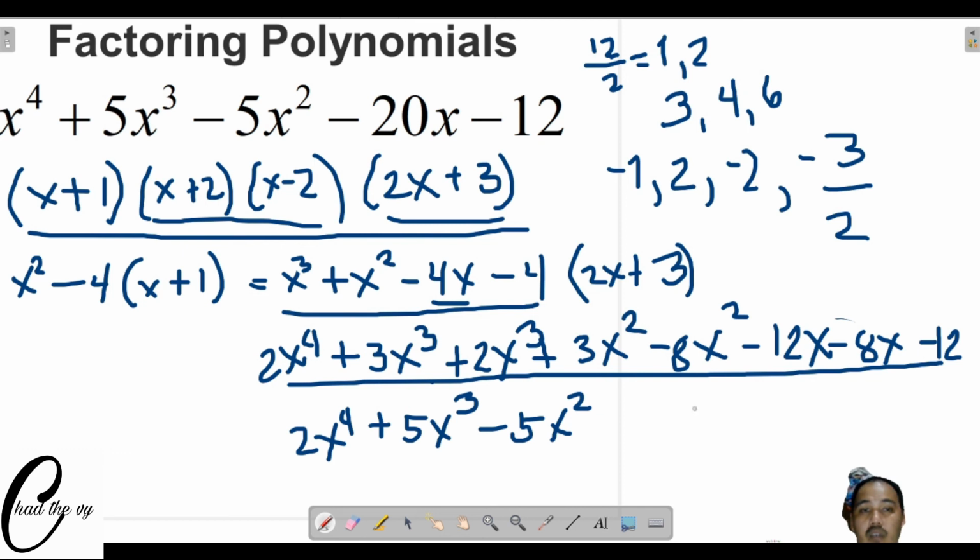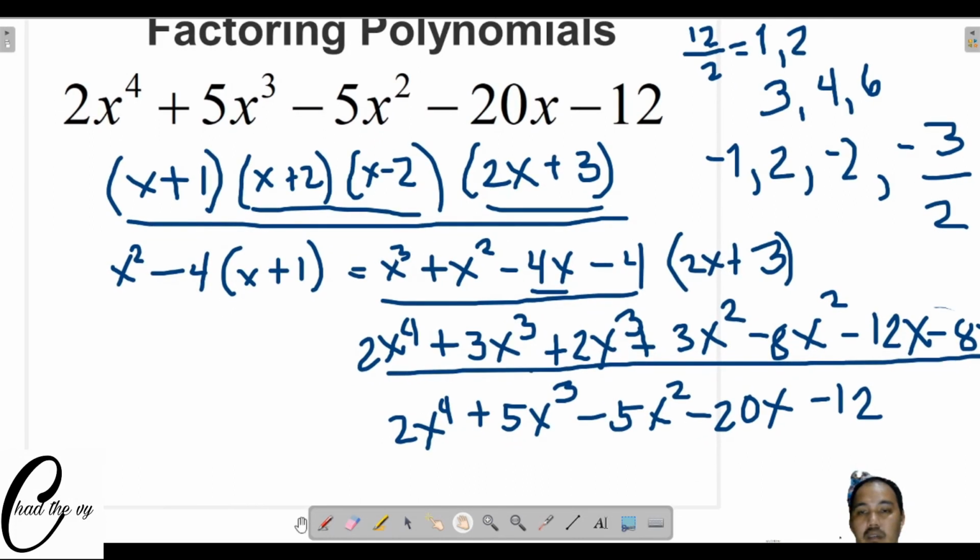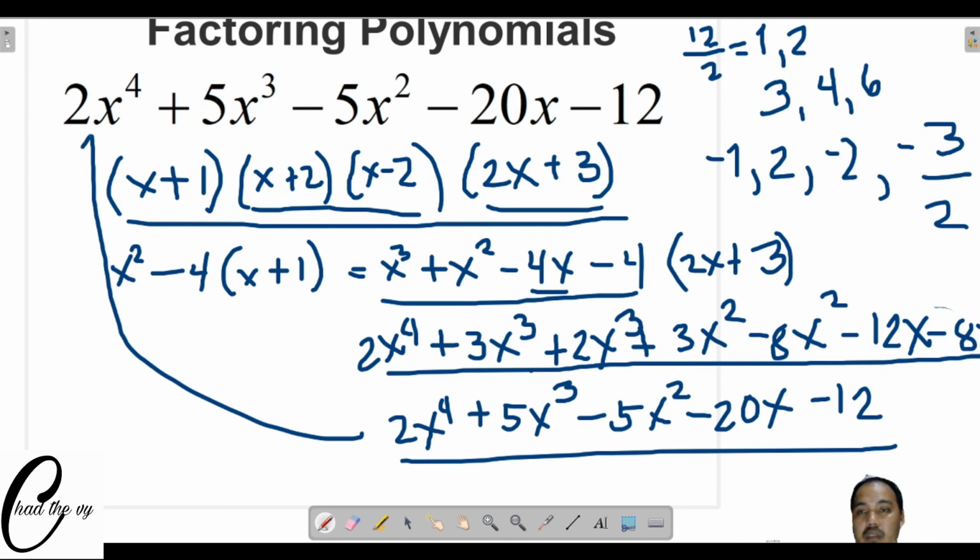Then, negative 12x minus 8x is negative 20x minus 12. Yan. Pareho na nung ating given dito. So, ang sagot natin ngayon, ito yung factor natin: x plus 1, x plus 2, x minus 2, and 2x plus 3. So, yun yung ating sagot.